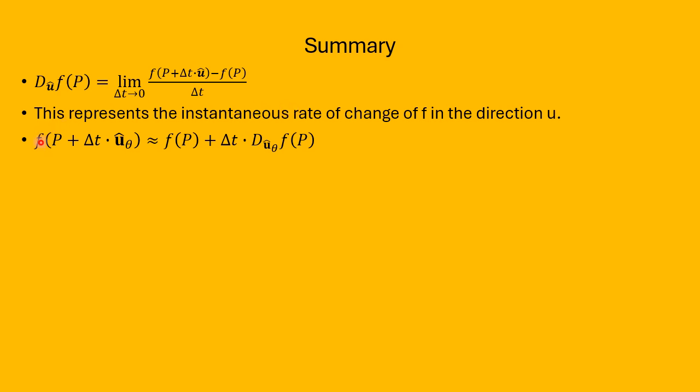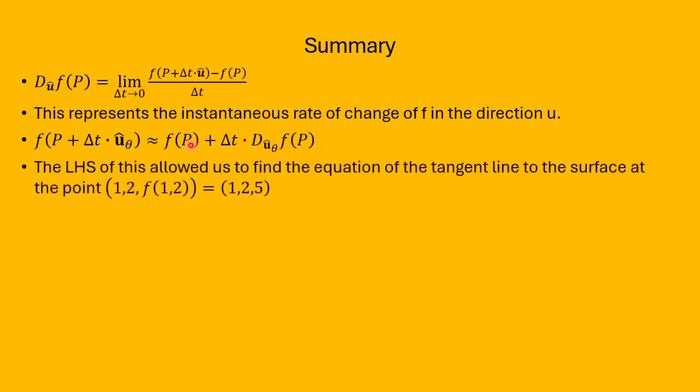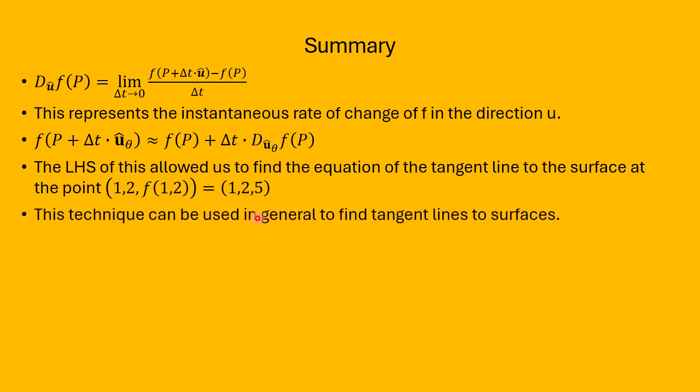We then saw that we could look at f of p plus a small change being approximately equal to f of p plus this change involving the directional derivative. And the left-hand side of this allowed us to find the equation of the tangent line to the surface at the point in our particular problem 1, 2, 5, which is 1, 2, and then the 5 is f of 1, 2.